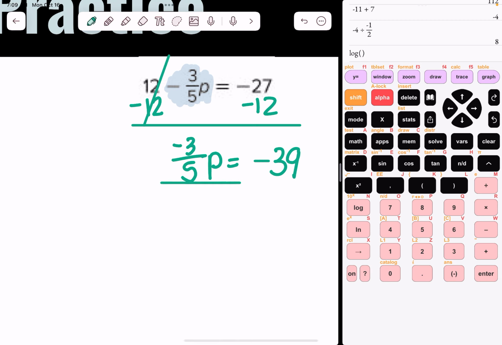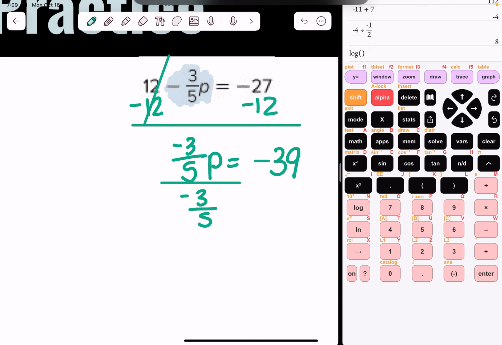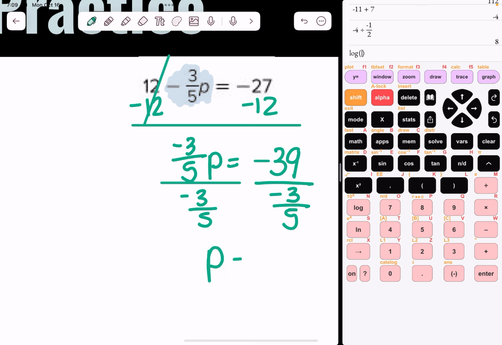Then we need to divide by negative 3 over 5. And we get negative 39 divided by negative 3 over 5. We get 65.